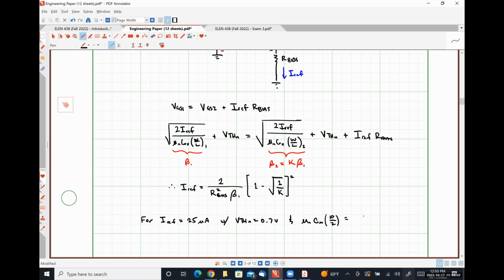Let me write this down here: mu n Cox was 400 microamps per volt squared, I believe. What we wind up getting is that our bias resistor needs to be 3.162 kilo ohms.